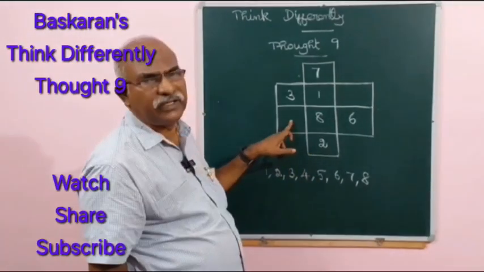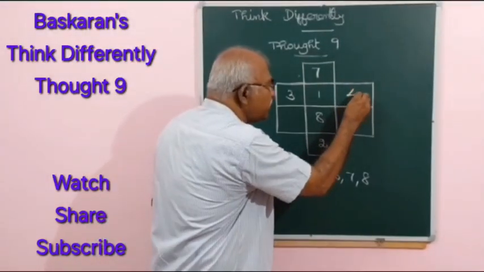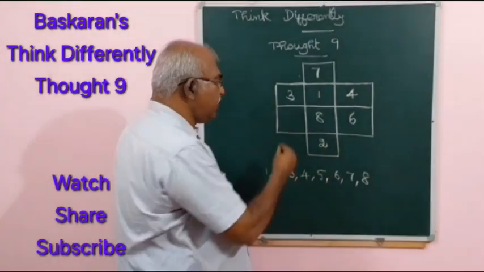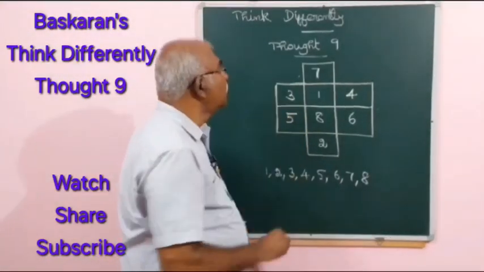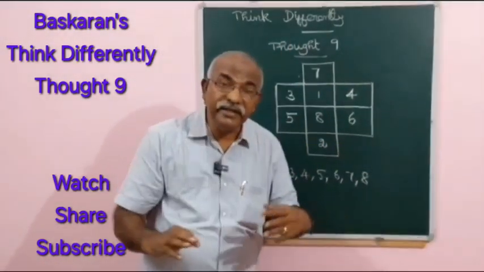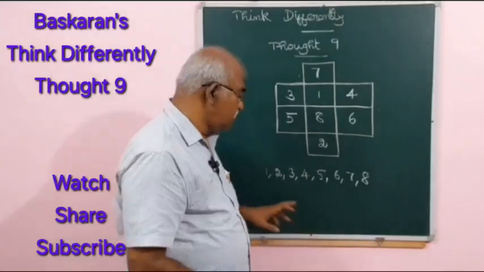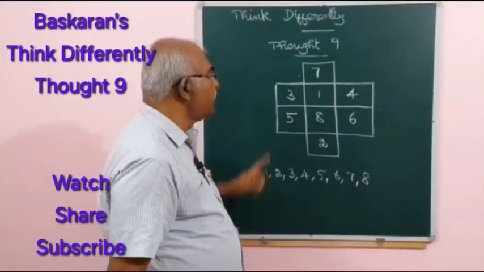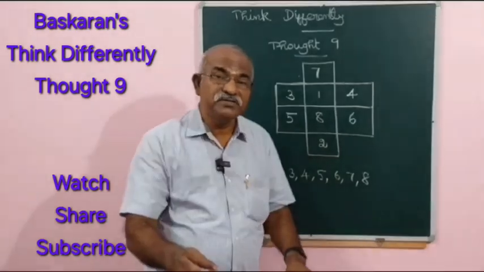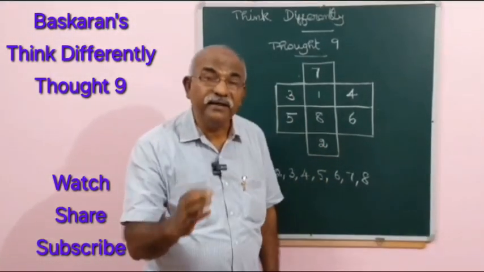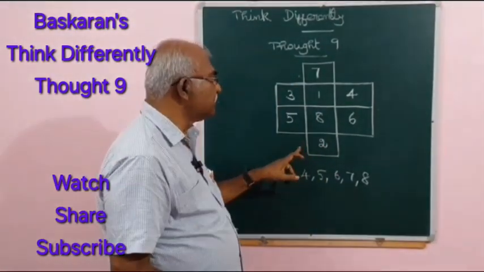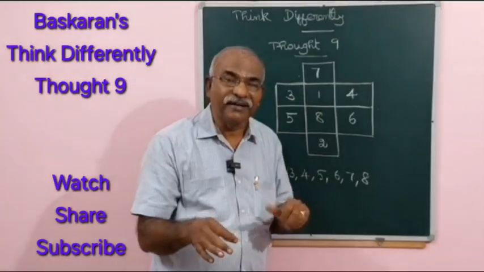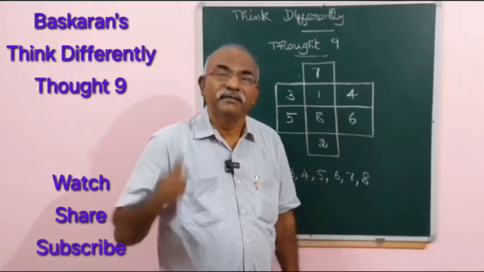You cannot put 4 here. So 4 has to come here and 5 has to come here. You have filled in all the 8 squares with all the 8 numbers such that each number occurs once and exactly once, and successive numbers do not occur in neighbouring squares. Think different.